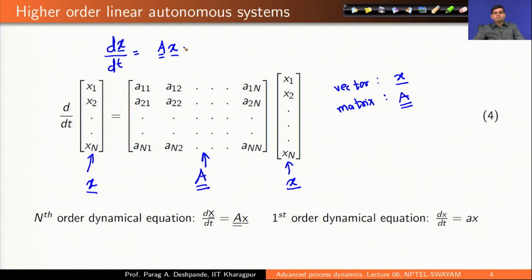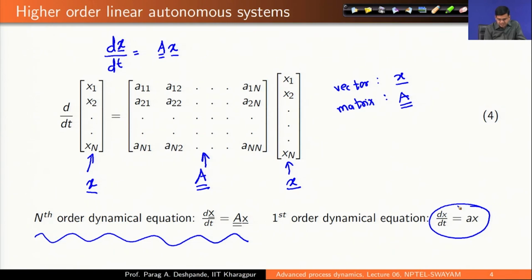And how do I compare and contrast this equation with a first order dynamical equation? An nth order dynamical equation is given by d x underbar by dt equals A multiplied by x underbar, and the first order dynamical equation is simply given as dx/dt equals a x. So, the functional form of these two equations is in fact identical.